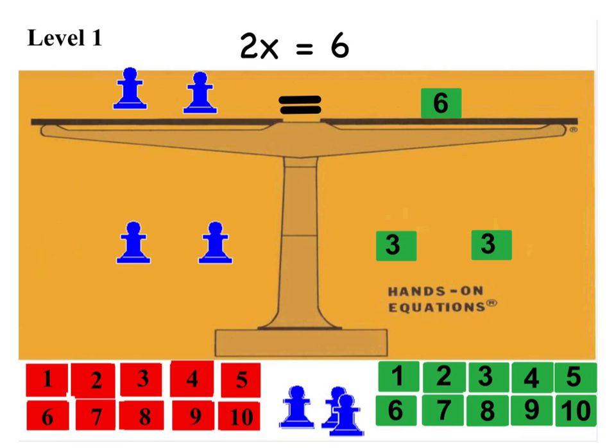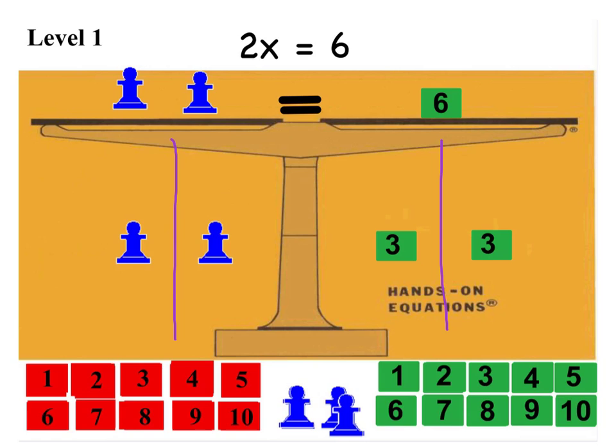Well, what I can do is I can take the two sides of my equation and I can divide them both into two equal groups. So I'm going to take everything that's on the left side and split it evenly into two different groups. And then I'm going to take everything on the right side and split it evenly into two groups. So notice my two x's are split into two groups with one x in each.